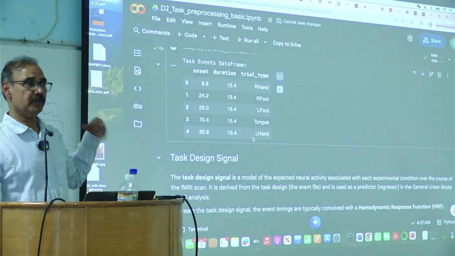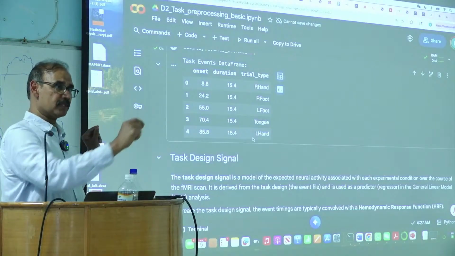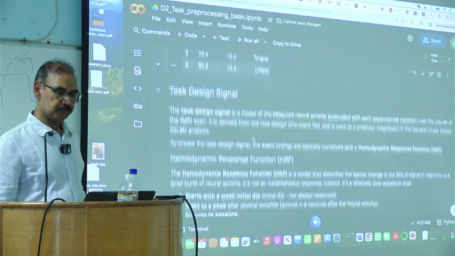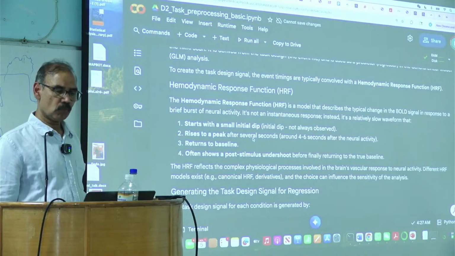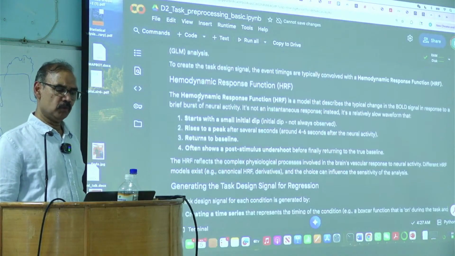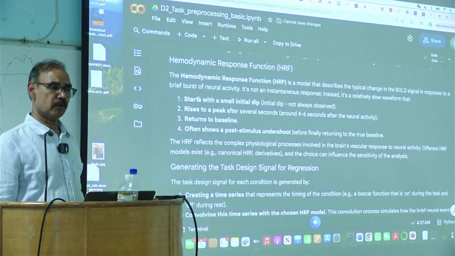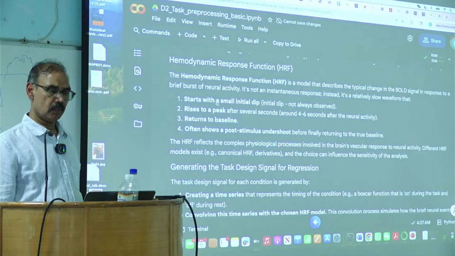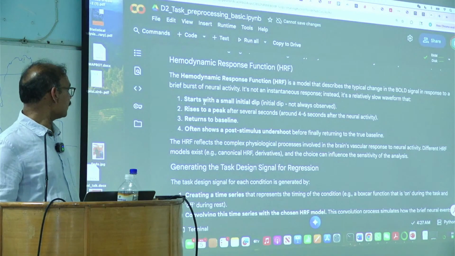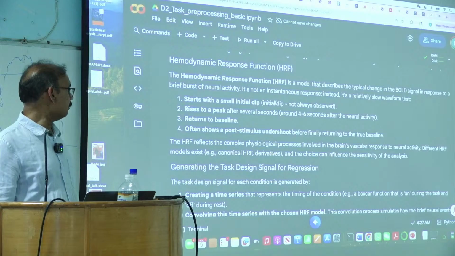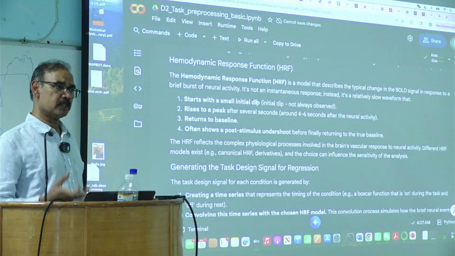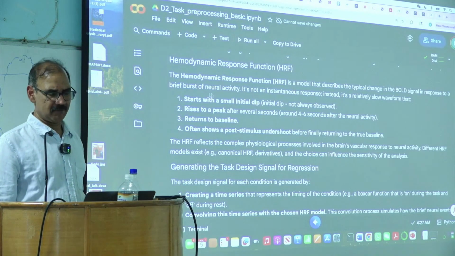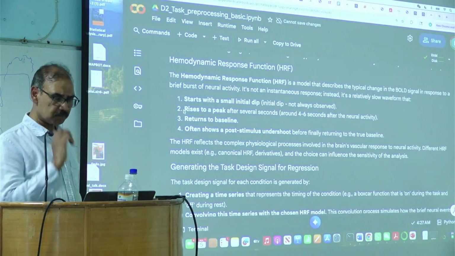So we have to come up with a reference function. And we are going to use a hemodynamic response function, which starts with a small initial dip, although the dip is not always observed, or I should say very rarely observed.